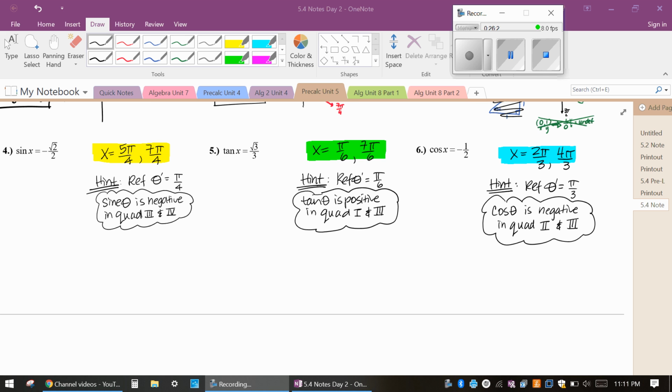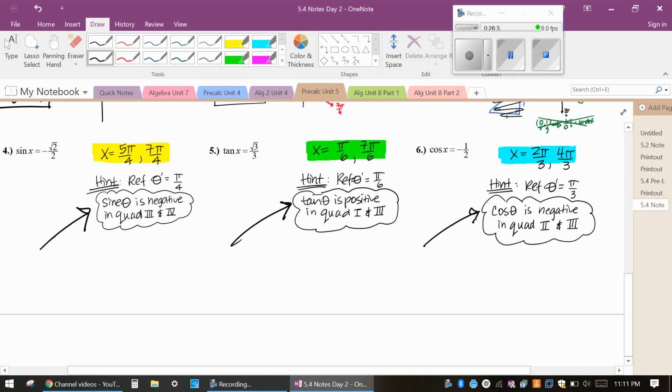Okay, hopefully you tried 4, 5, and 6 on your own and got these solutions. If not, take a look at the hints that I've given. Remember that to find the reference angle, you have to look at your 2 triangles and figure out which ones would give you, for example, sine is opposite over hypotenuse.